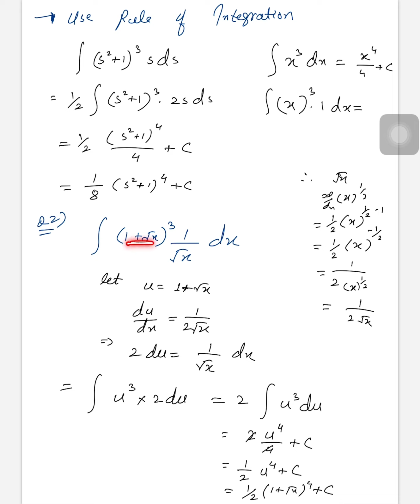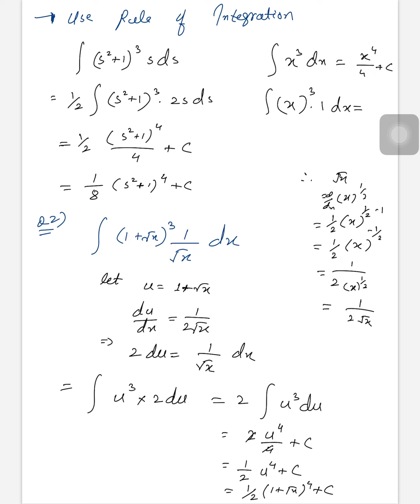So we will substitute this as u and then you will find du, right? So we replace this whole integration with u, so this will be u cube and you have to write this in terms of du.